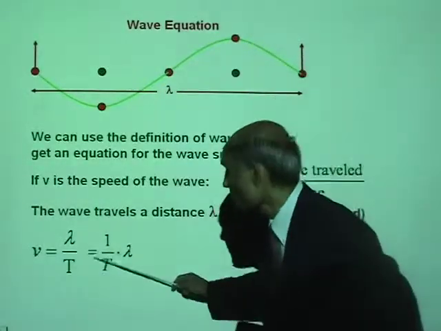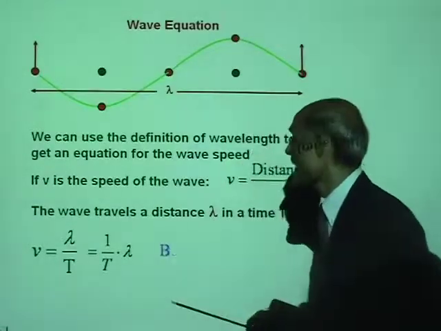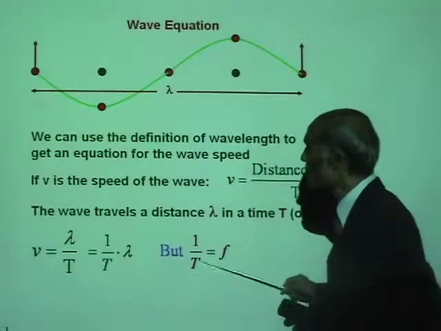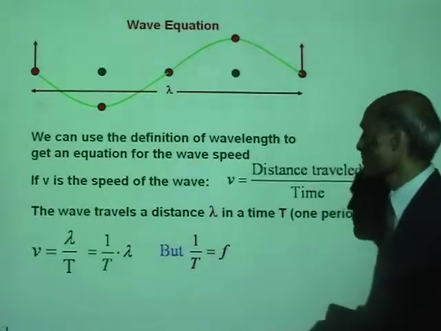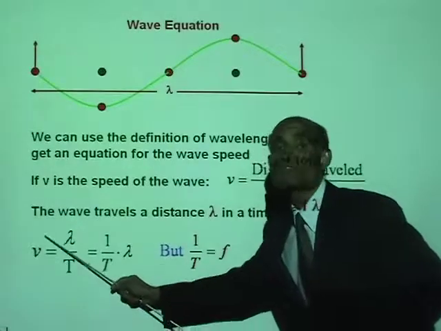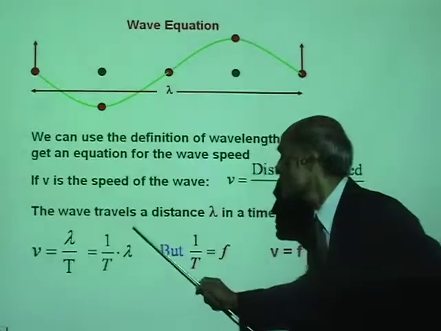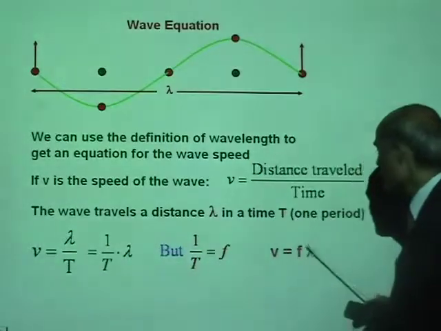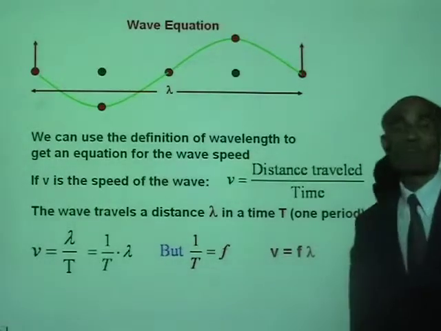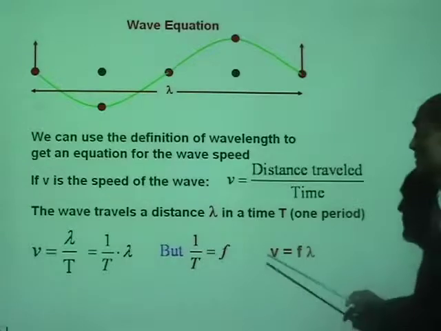So I'm going to replace this 1 over T with the frequency. 1 over the period equals frequency. And therefore, v, the wave speed, equals 1 over T, which becomes the frequency. We get the wave equation, a very important equation.